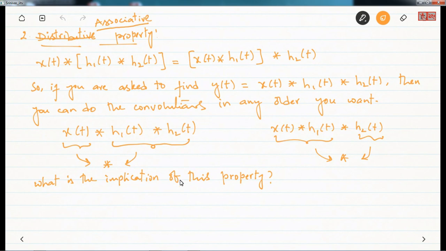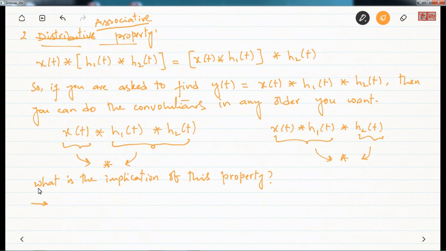For the associative property, one of the main implications is this. It does not matter in which order you convolve.